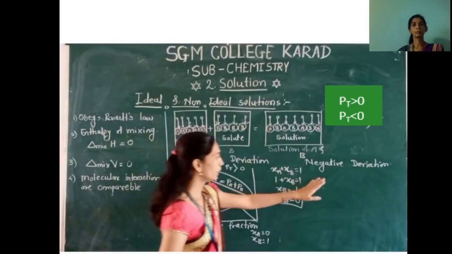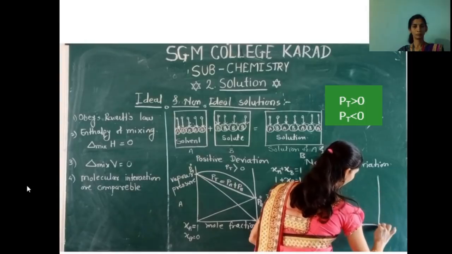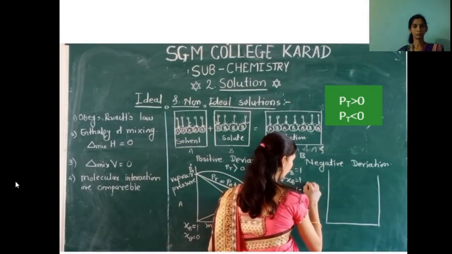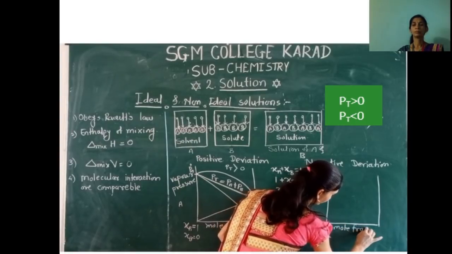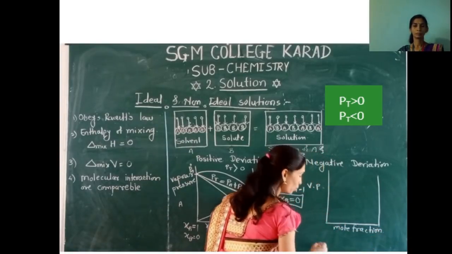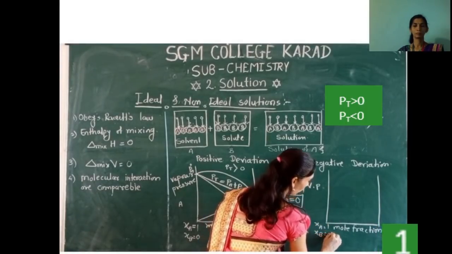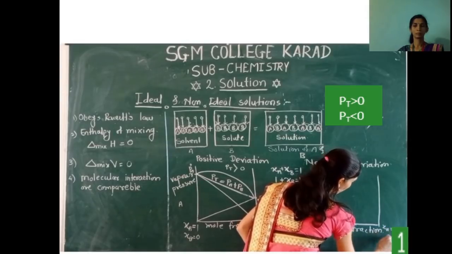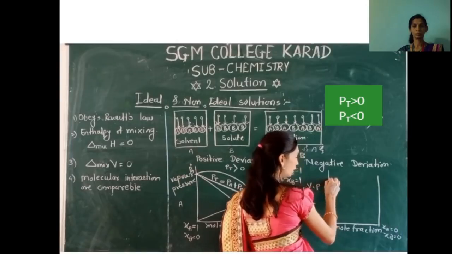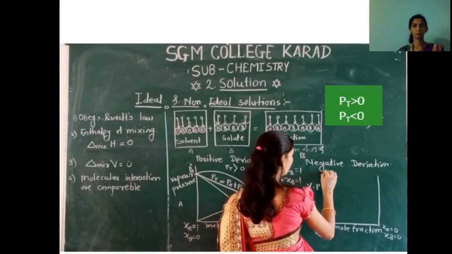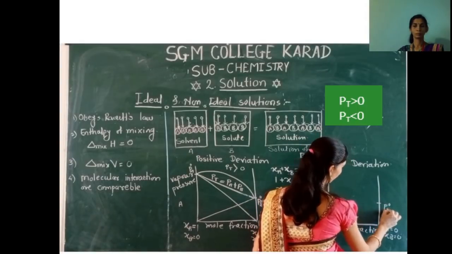Now for the negative deviation, we draw a similar graph here for liquid A and liquid B. Vapor pressure on the y-axis, and here we are taking mole fraction. The values are XA is equal to 1, XB is equal to 0, and XA is equal to 0, XB is 1. Now for liquid A, the P naught A value, and for liquid B, the P naught B value.